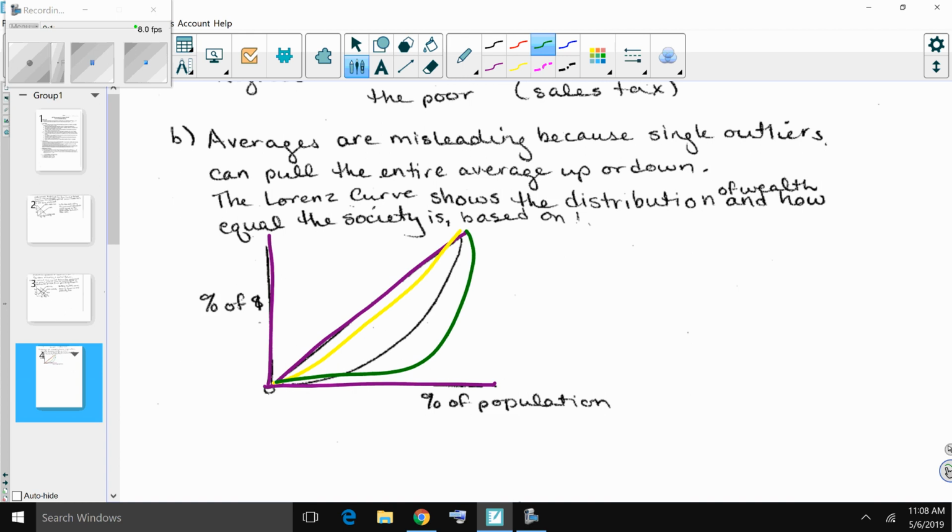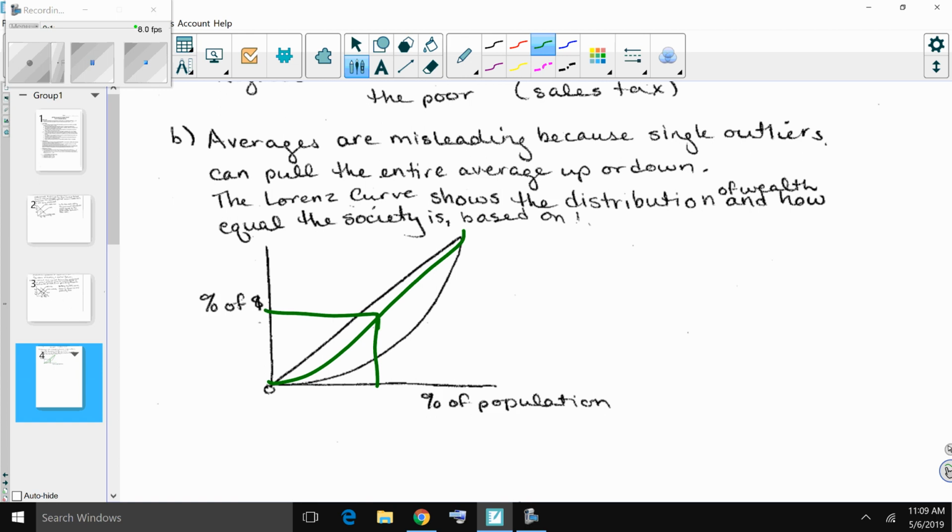All right? So when you're looking at this curve, if the line looks like this, it's saying that this percent of the population only has this percent of the wealth, okay? So here, if it's equal, 50%, 50%, all right?